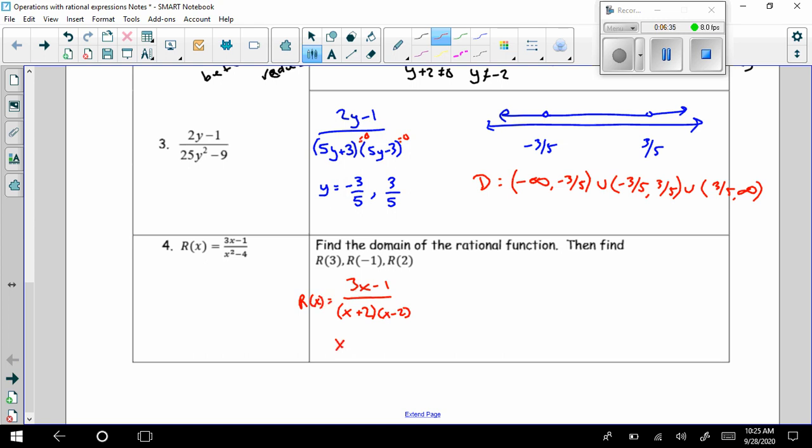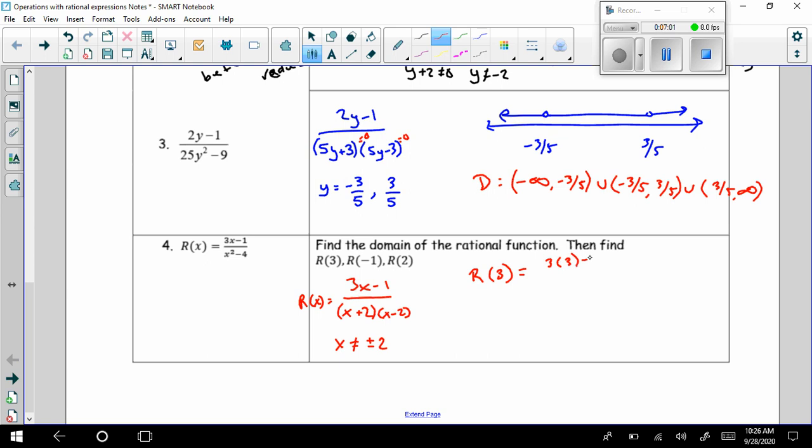So x cannot equal, your restrictions are both 2 and negative 2, or you can write this as plus minus 2. Okay. So when we are evaluating, we need to take into consideration our restrictions. And so for r of 3, you're just going to plug in 3.